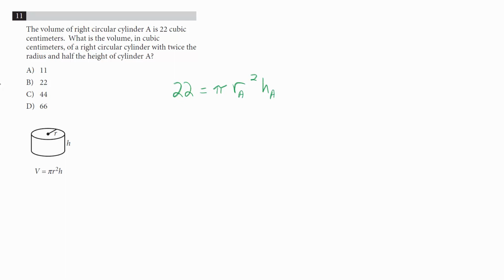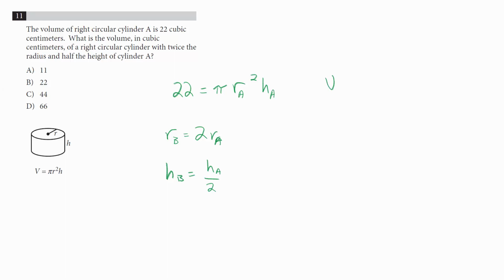Cylinder B, a right circular cylinder, has twice the radius and half the height of cylinder A. So r of B is going to be twice rA, and h of B is going to be half the height, so h of A over 2.